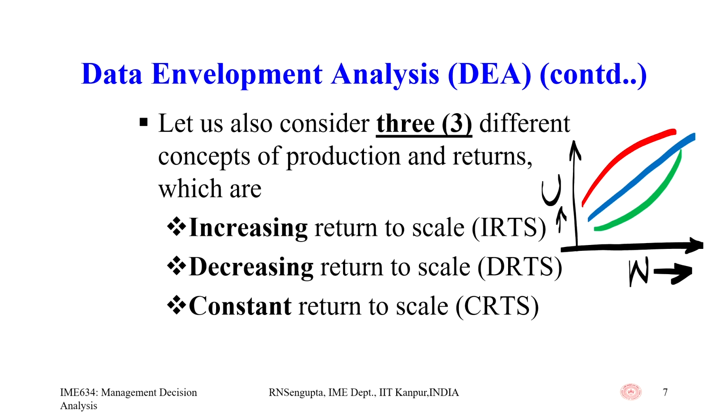The blue one has a constant slope dy dx or du dw, the green one has an increasing slope, and the red one has a decreasing slope, that is du dw is decreasing.